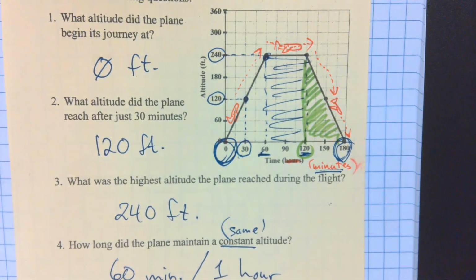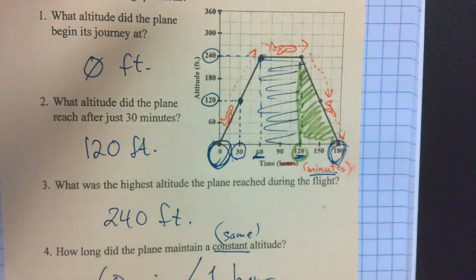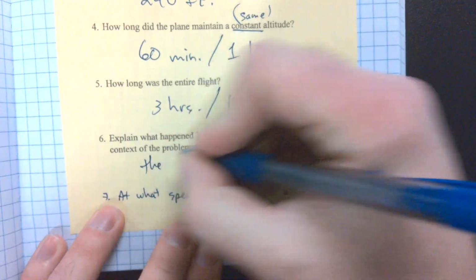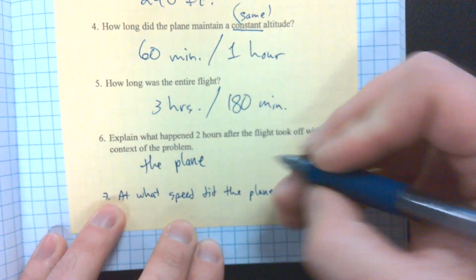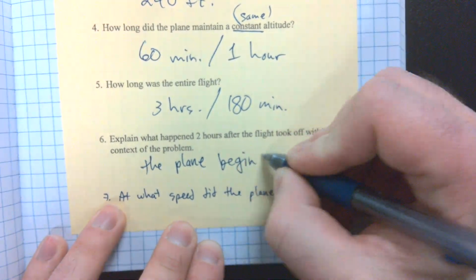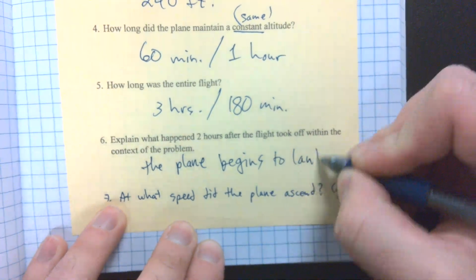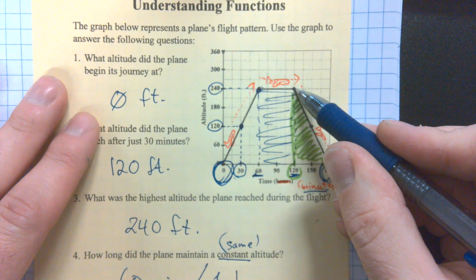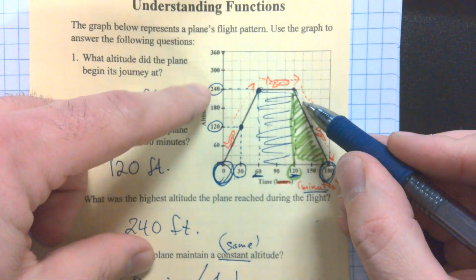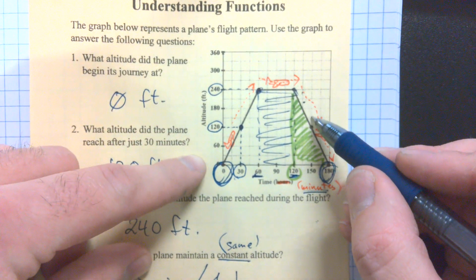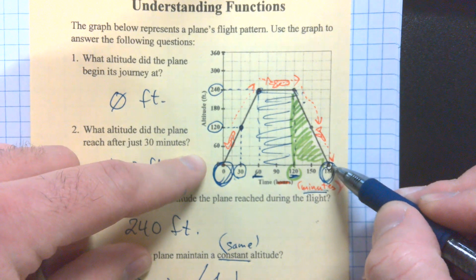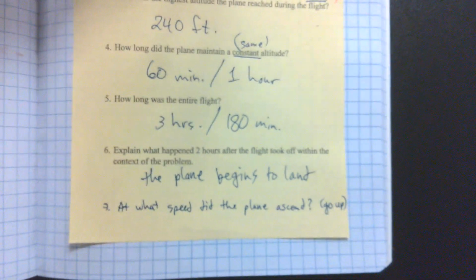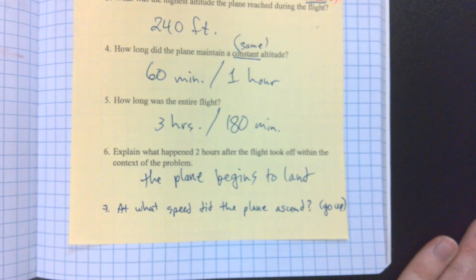What's happening? Brianna? It's going down. The plane is going downwards or descending. We could even make it simpler than that. The plane begins to land. Right, we're up here 240 feet in the sky. We start descending. Our altitude is decreasing as we go. Down, down, down, down, down. Back to an altitude of 0 for a nice 3-hour flight. Thank you, Brianna.